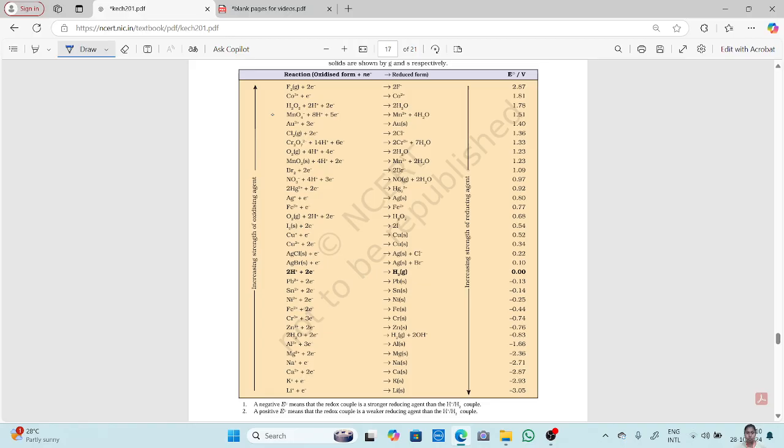Here you have 0. Downward is the increasing strength of reducing agent, and the top is the increasing strength of oxidizing agent. So these are highly oxidizing agents and these are highly reducing agents.